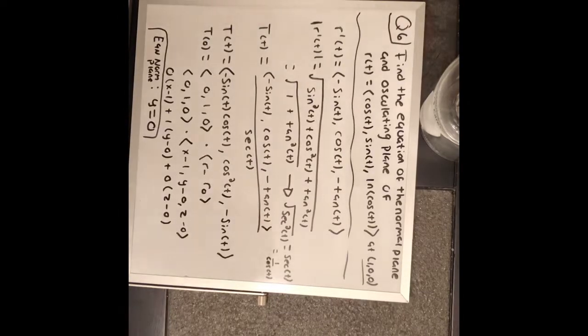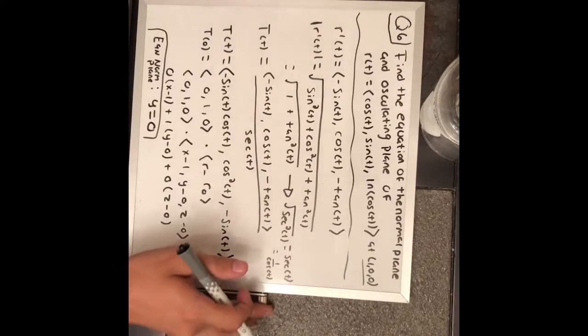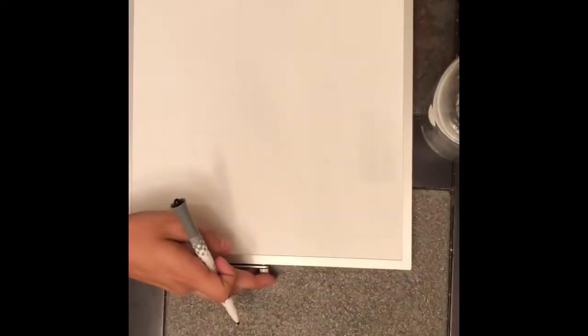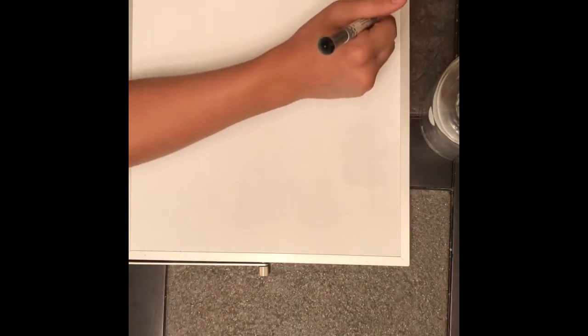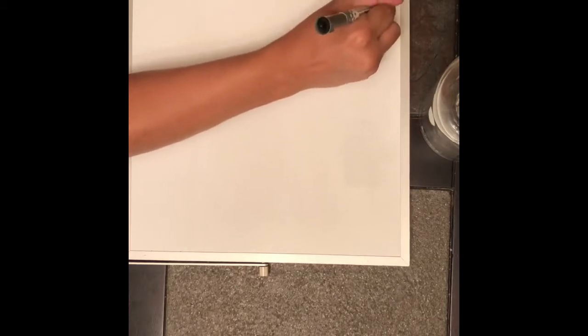So to find the equation of the osculating plane, let's work on the back where we have more space. Allow me to rewrite the unit tangent vector here.